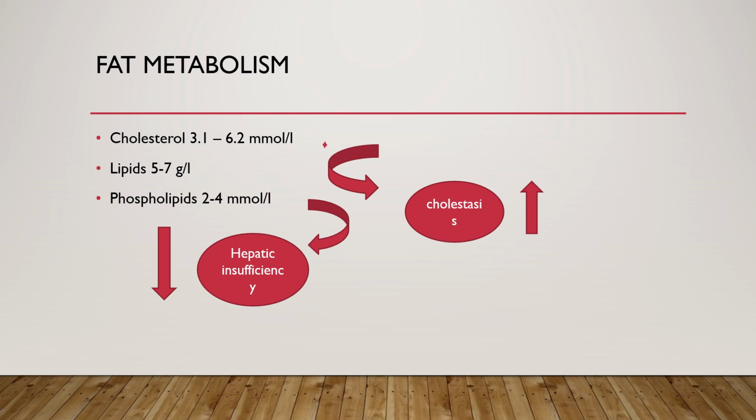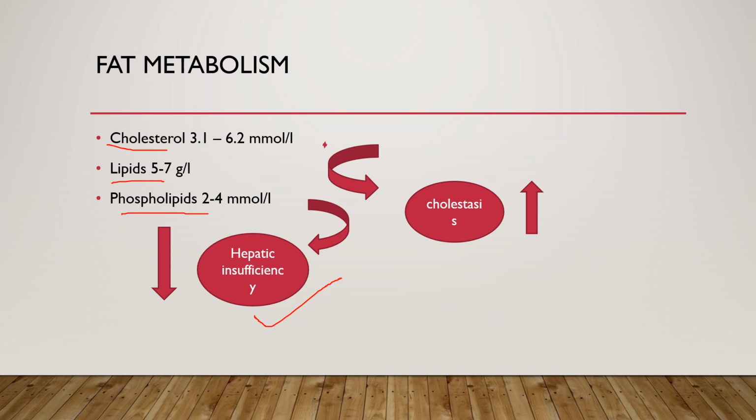Now, on the basis of fat metabolism, how can we differentiate pathologies? We have two syndromes. One is liver insufficiency, or hepatic insufficiency, and another is the syndrome of cholestasis. If the level of cholesterol, lipid and phospholipid is decreased, we are talking about hepatic insufficiency.